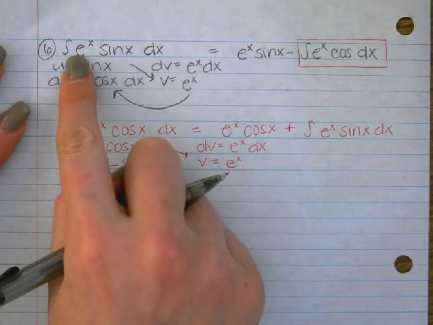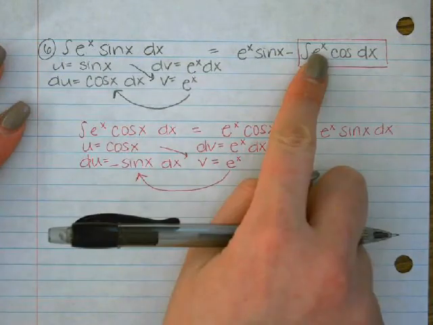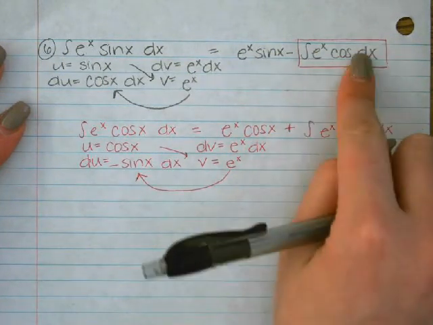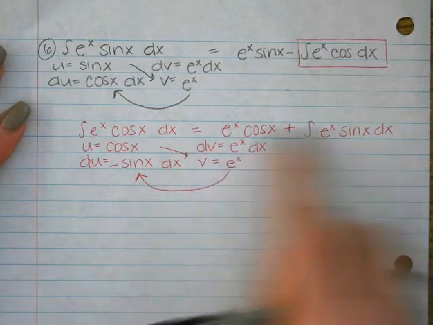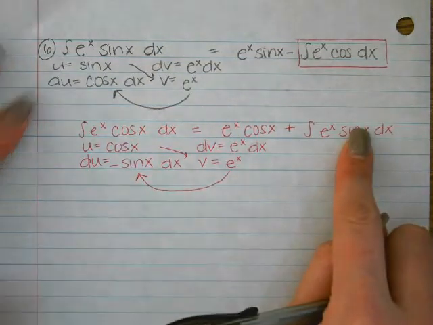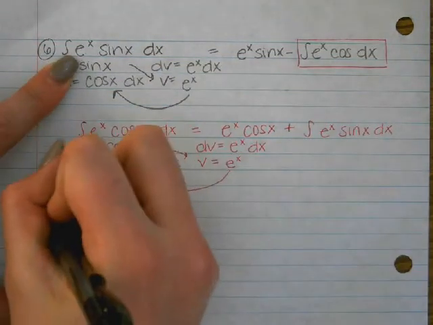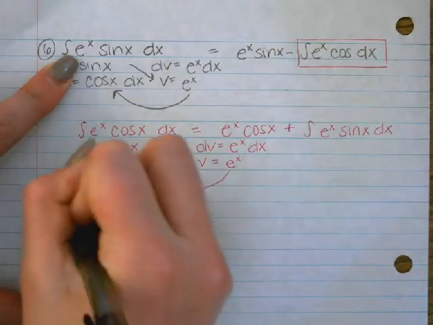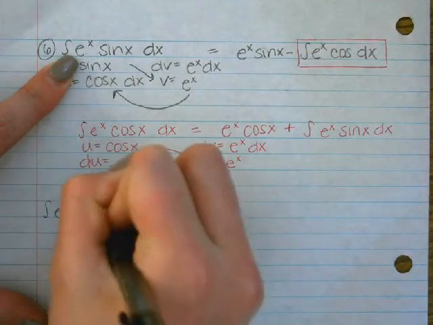Okay, I'm going to write the entire original problem, but this red part right here I'm going to replace with this red part right here. Okay? So I'm going to start with the original problem. I'm going to say that this is what I was trying to do. Some of you guys are maybe seeing it already.